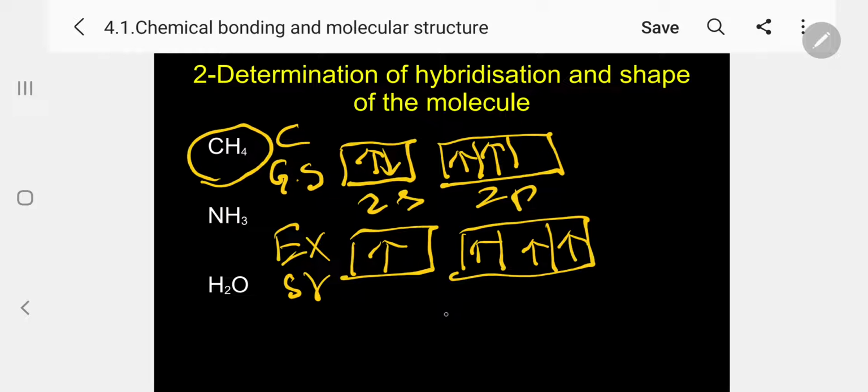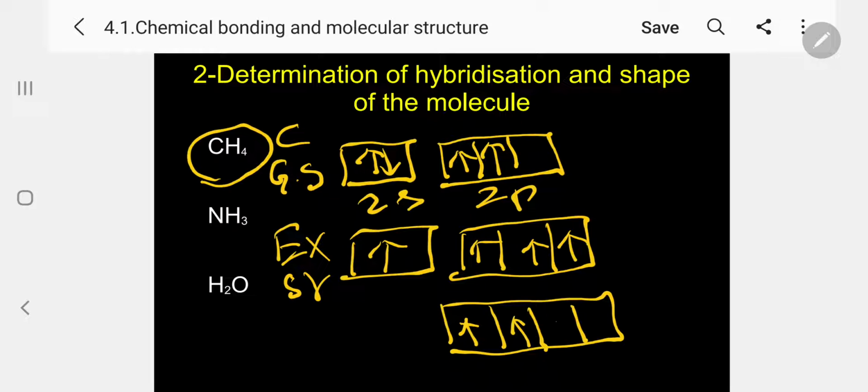What will happen now? When it is hybridized, the shape will be tetrahedral. So I can write like this. Kindly follow. This is the hybrid orbital. Now what is the shape of carbon? This is the carbon shape: 4 sp3.